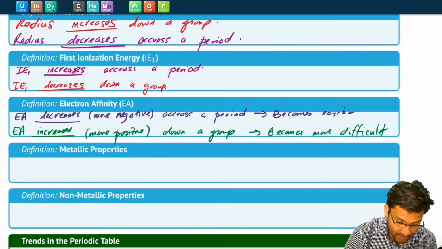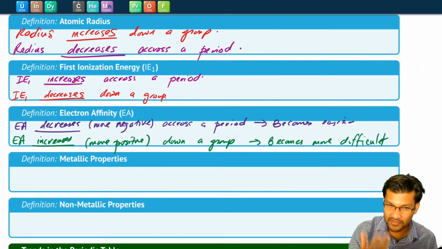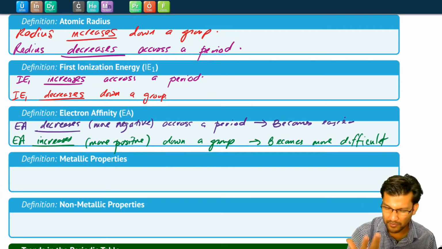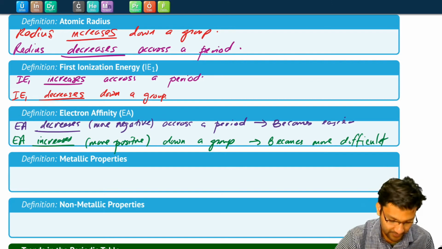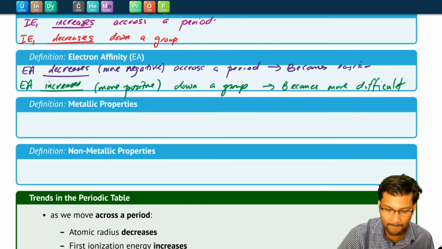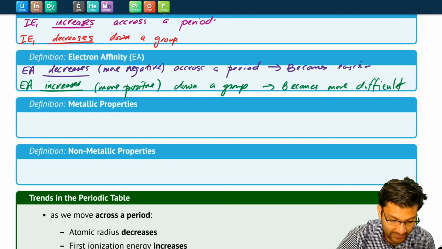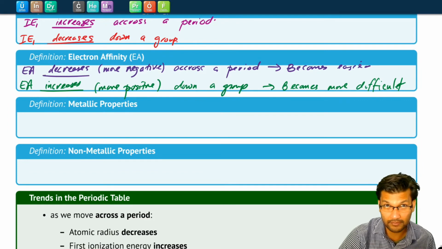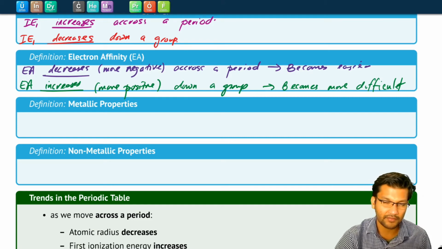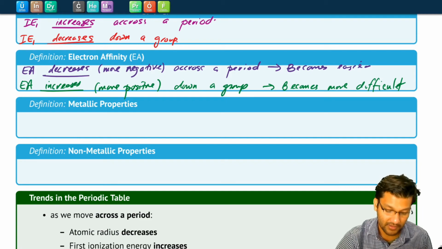So far we're thinking about all of these different properties in terms of this force that the electron feels from the positive pull of the nucleus of the atom. So what does that mean for metallic and non-metallic properties? Well, we know that metallic elements tend to form positive ions and also tend to form this sea of delocalized electrons when they form bonds, right?